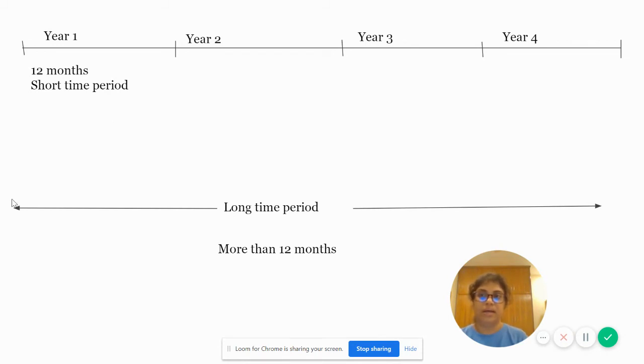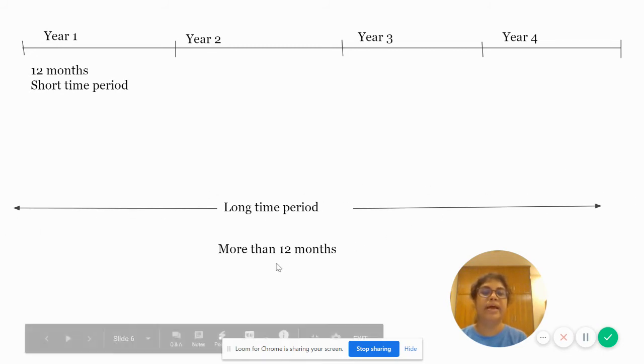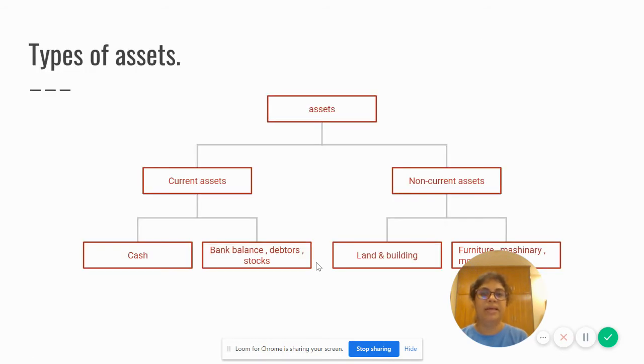The continuation of a few years, or more than one accounting period, will be known as the long time period, which is more than 12 months.